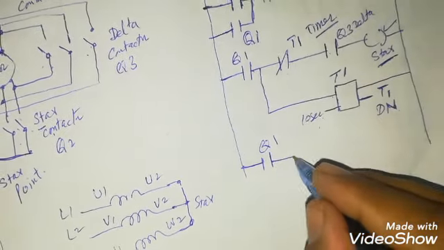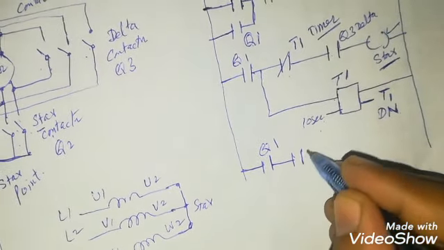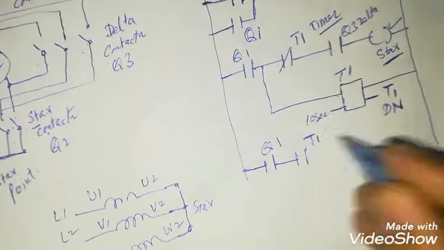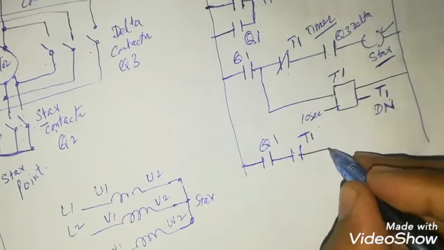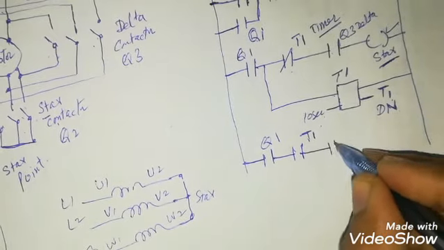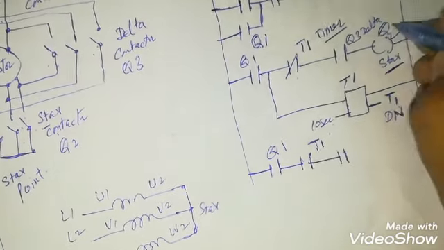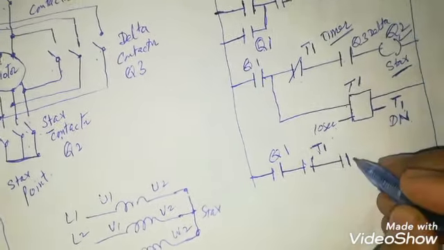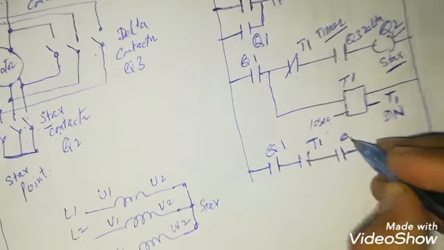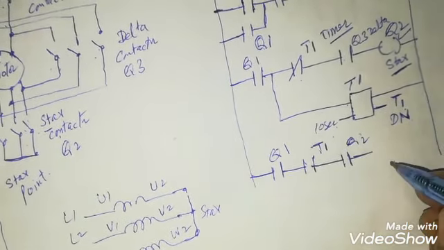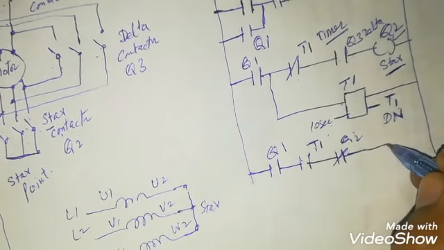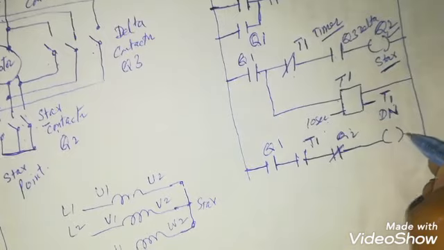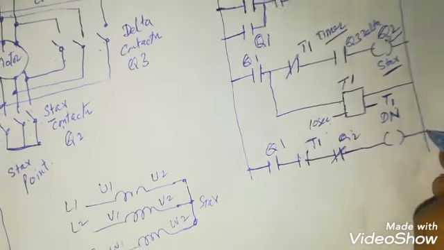For the delta, Q1 must be energized. We will use this timer T1 normally open contact. Then we will use the star contact for safety, so that both contactors do not energize at a time. And here at the output we will connect the delta contactor.